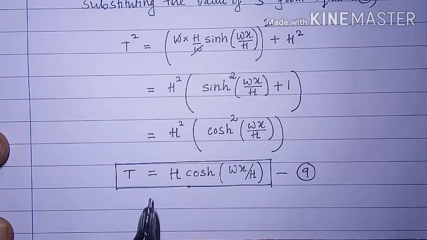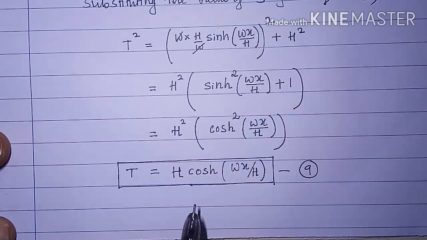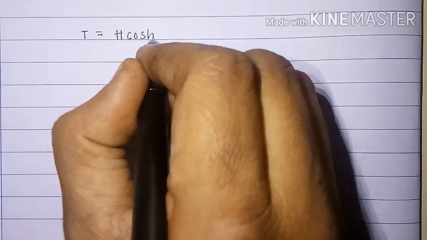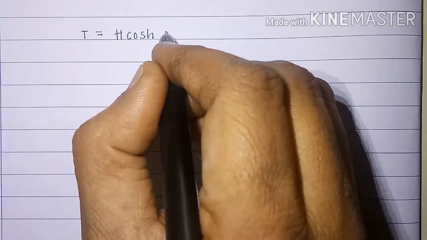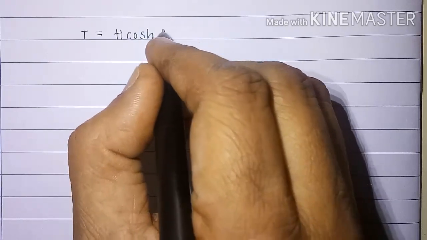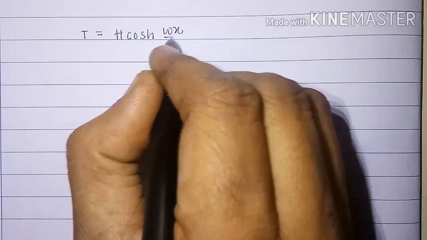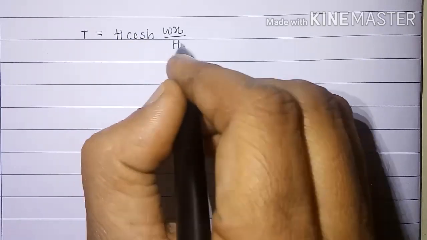Using this equation we can write the tensions at the lowest point and at the highest point, that is at x equal to 0 and at x equal to capital L by 2. T equal to h into cos h of wx upon h.